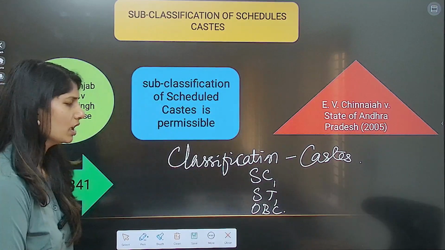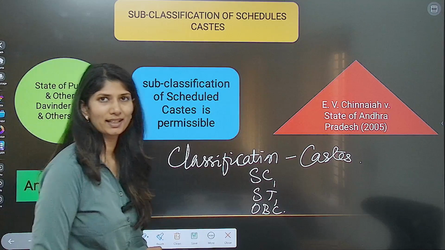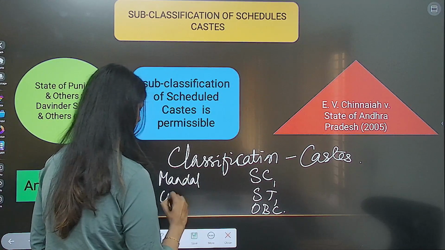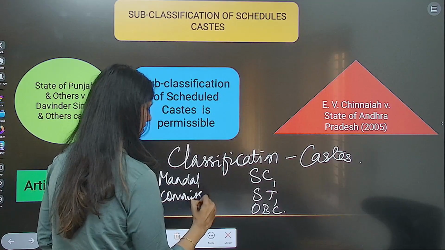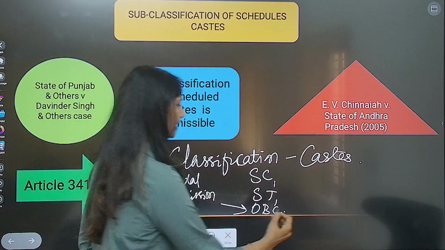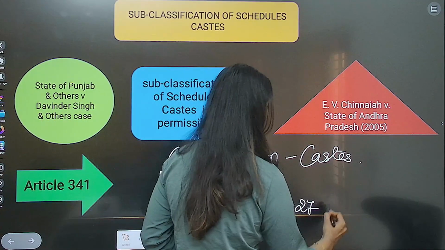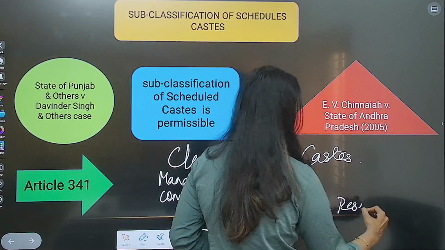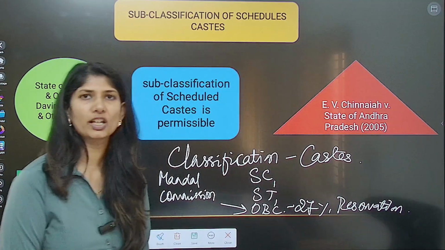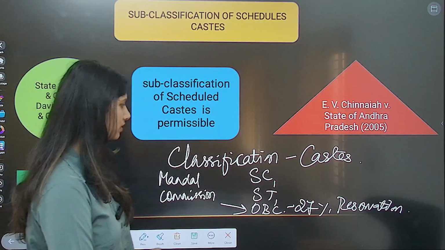You all know the Mandal Commission. After the Mandal Commission report, the government decided that they will give 27% reservation for OBCs in educational and employment activities.